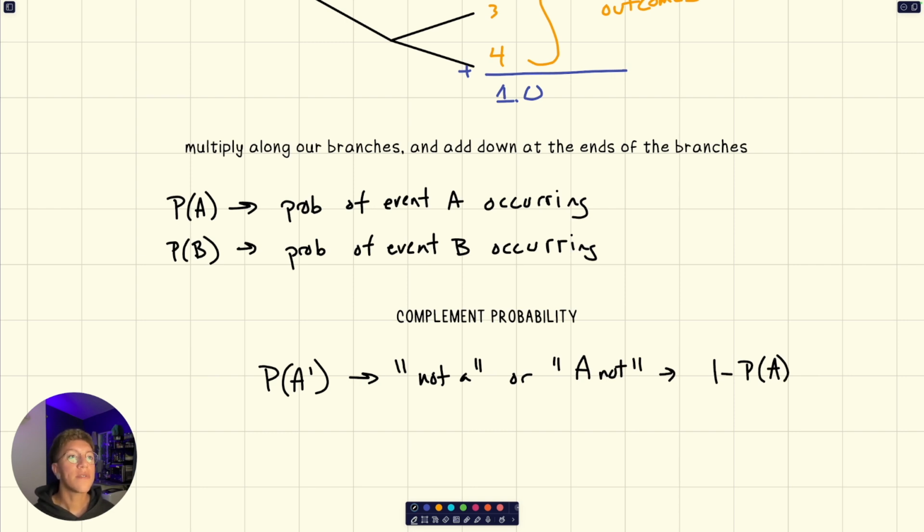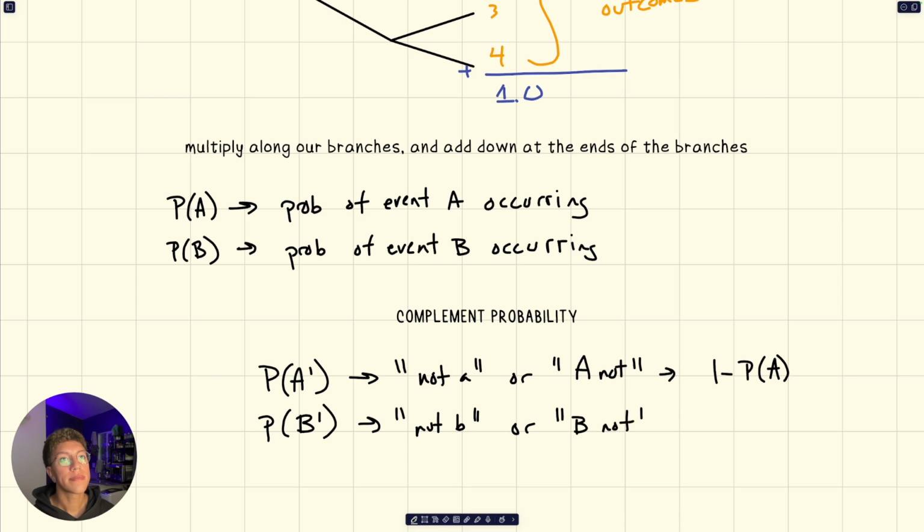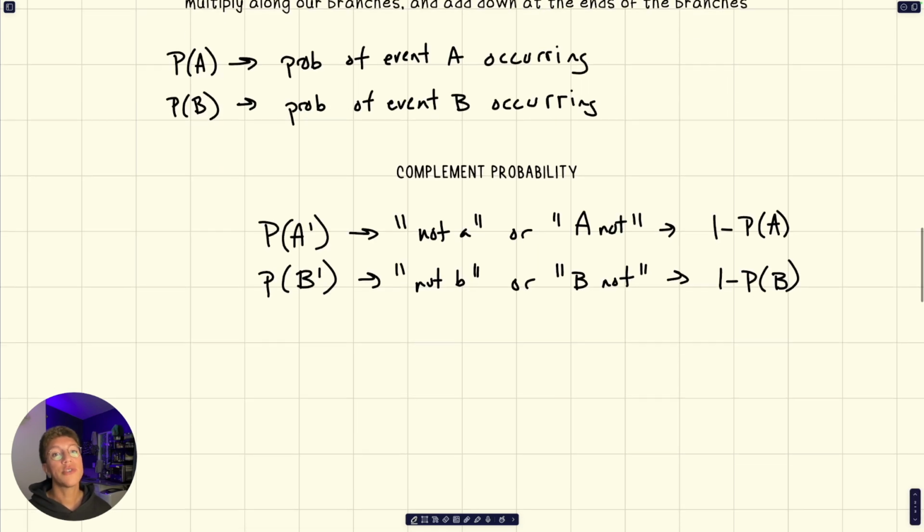And that's also true for B as well. We saw before that the probability of B and its complement probability have to add up to 1, and they're complementary on our diagram. That's also true for the tree diagram.